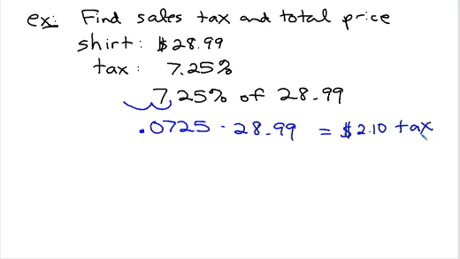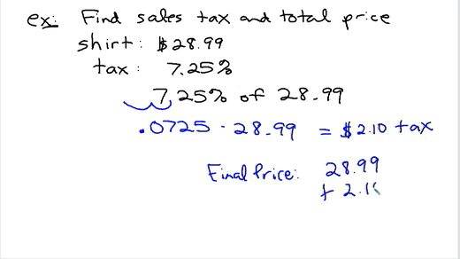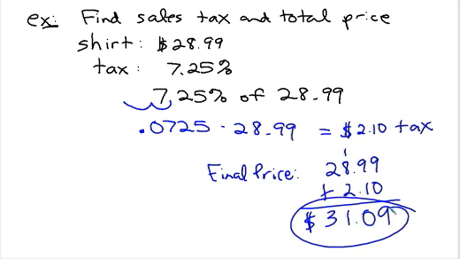The final price is going to be the original price plus the tax. All right? So you've got to add these two together. $31.09. So those are the tax problems. Multiply, move the decimal 2 places, multiply, and then add it on.